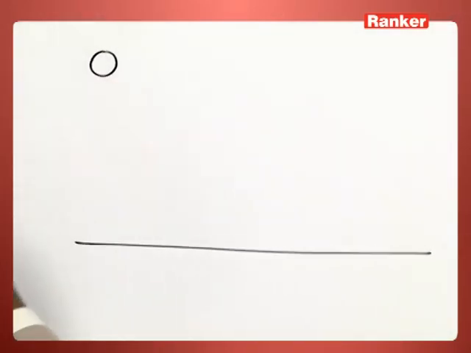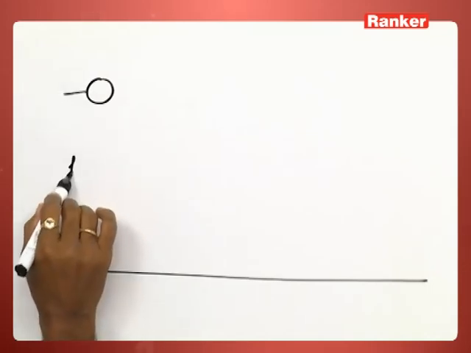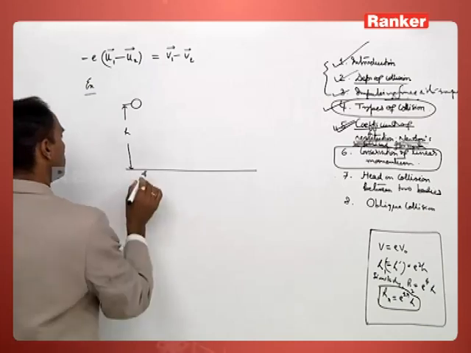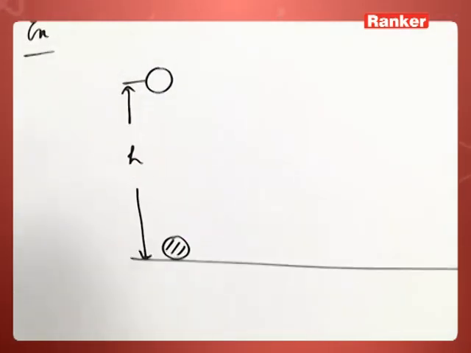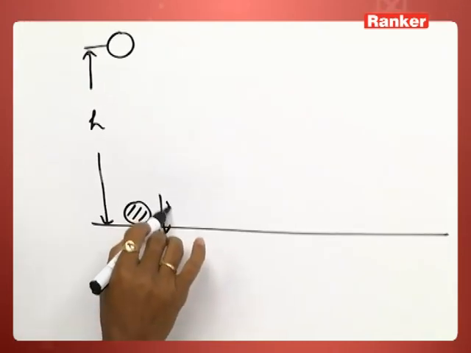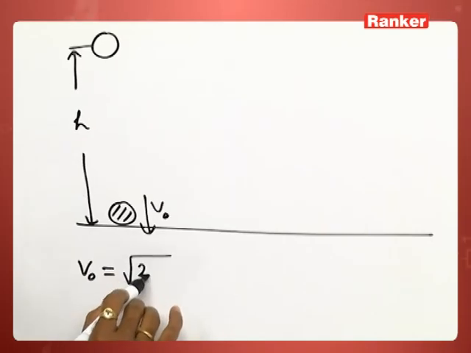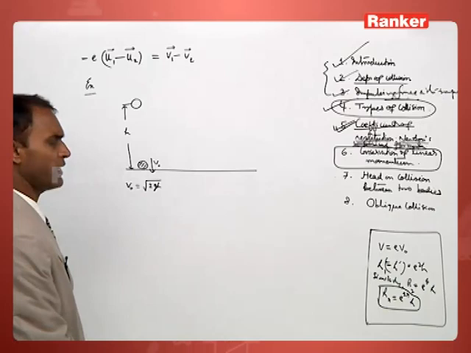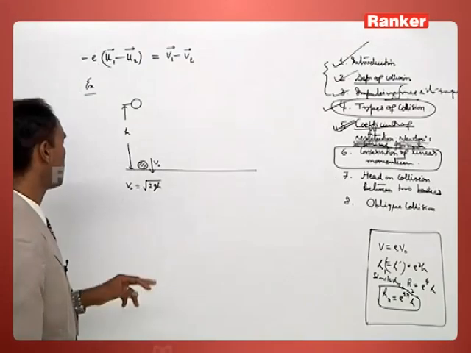The question is, when the body is released from a certain height h, it collides the first time with the velocity v naught equal to square root of 2gh. By using kinematics, you can get it, everybody knows this.